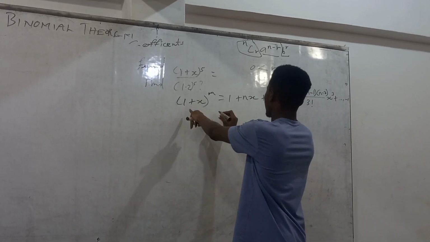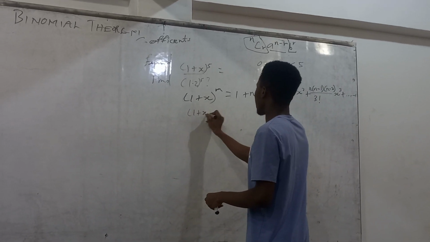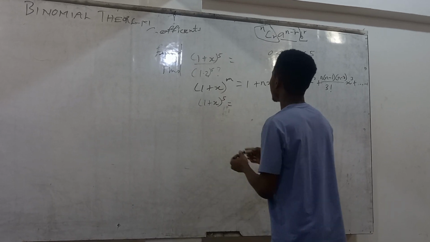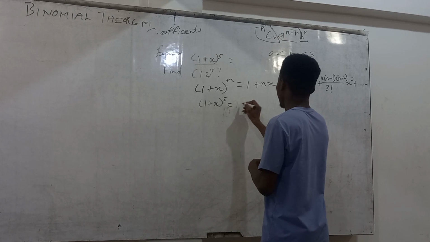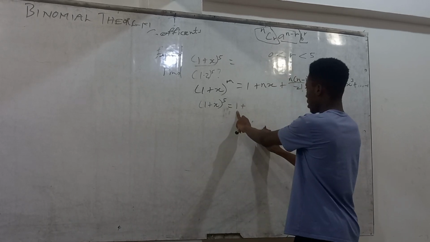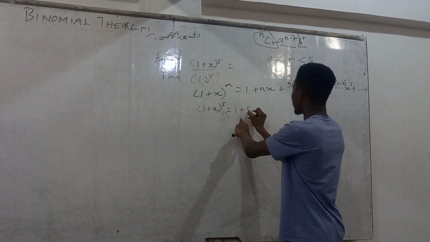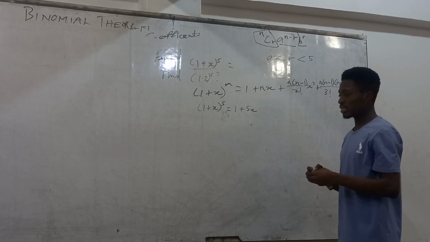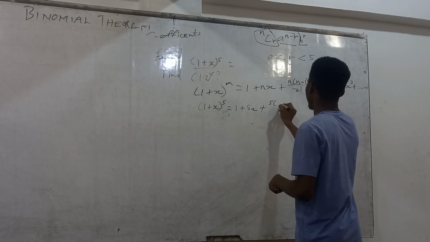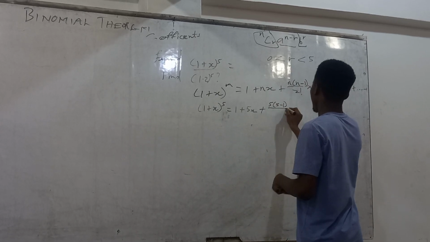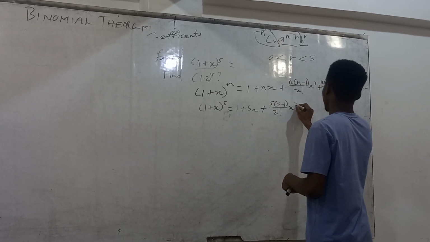So we are going to use 1 plus x to the power 5. Let's try it and see. It becomes 1 plus, that's the first term. The second term becomes 5 times x. Then the third term is 5 bracket 5 minus 1 all over 2 factorial x squared.